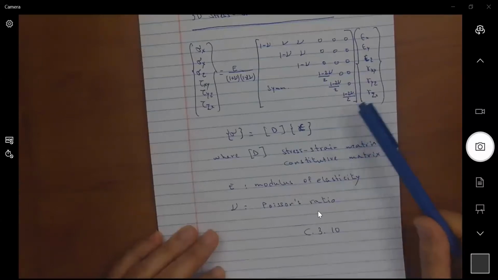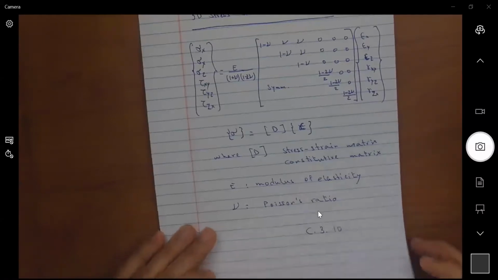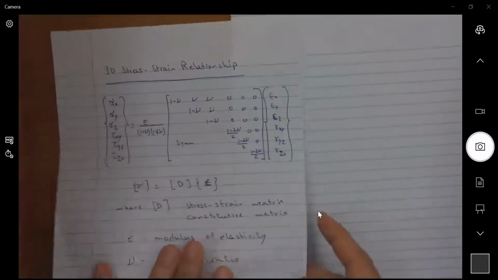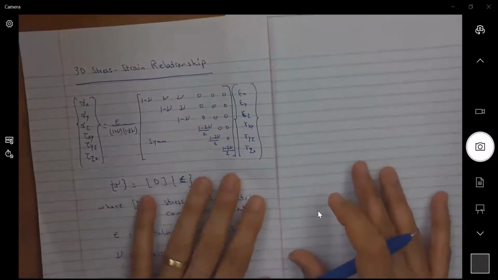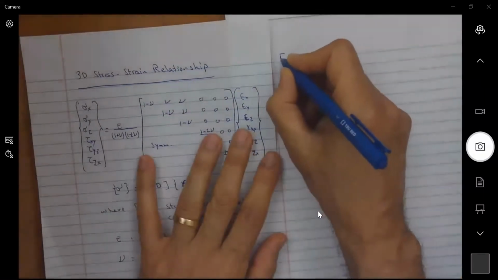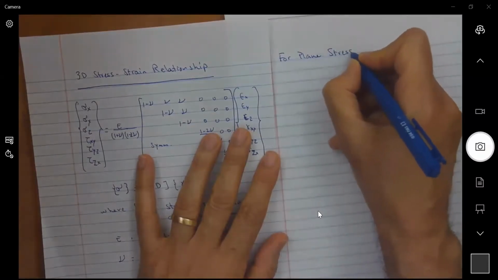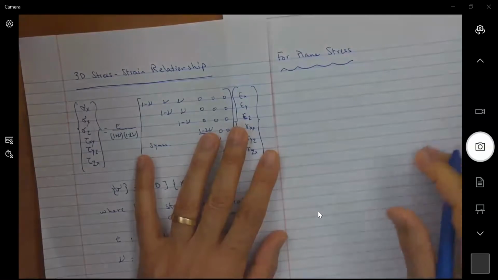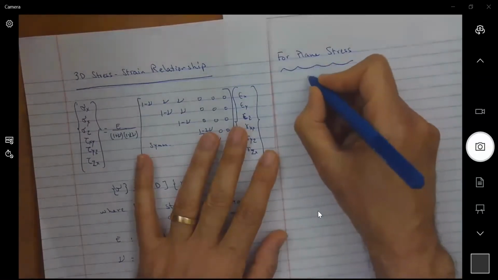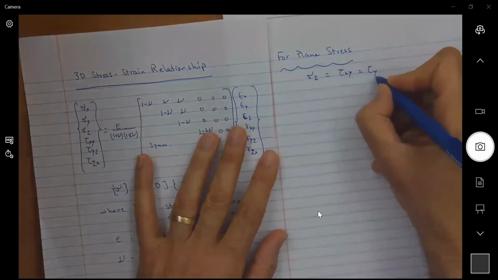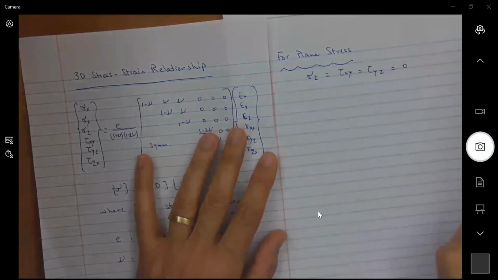We are going to apply this equation to plane stress and plane strain. So for plane stress, we have sigma z equal to tau xz equal to tau yz equal to 0.